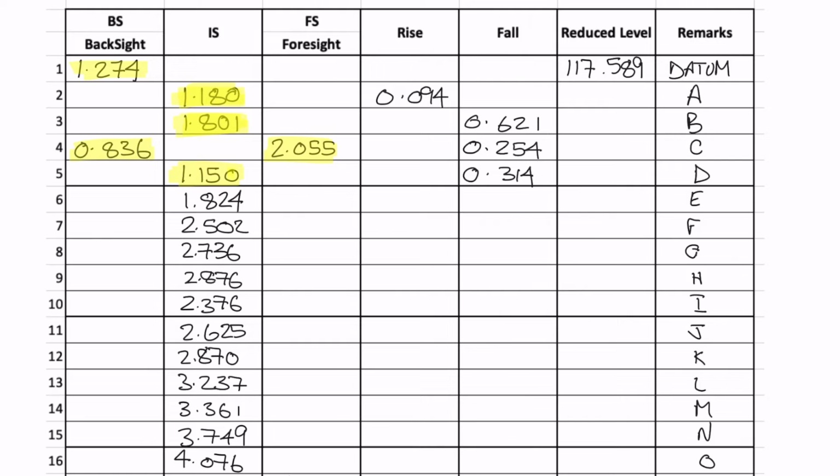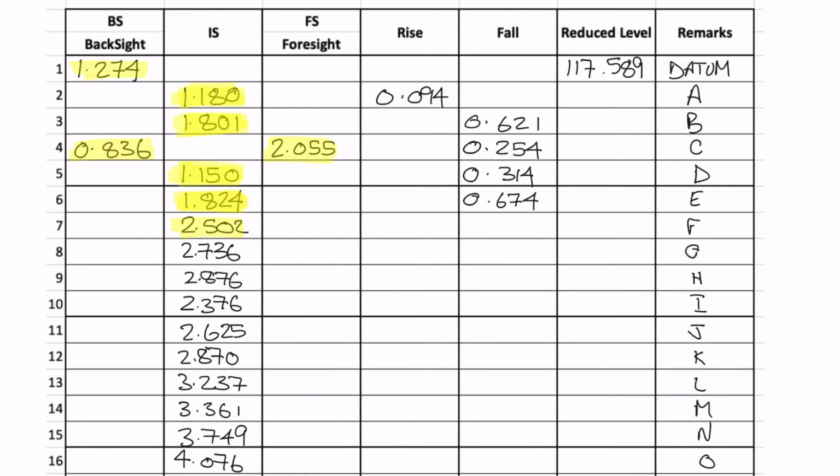Consider the next 2 readings. Work out the difference. Second reading is larger than the preceding value, therefore it is entered under the fall column. Consider the next 2 readings. Work out the difference.